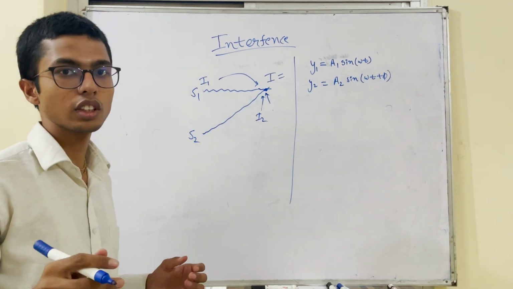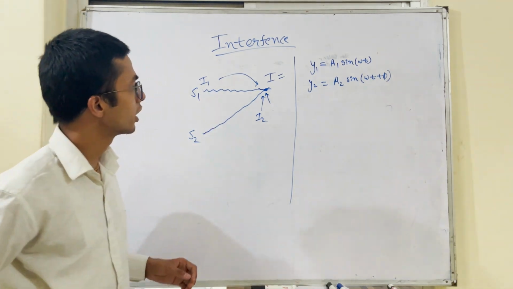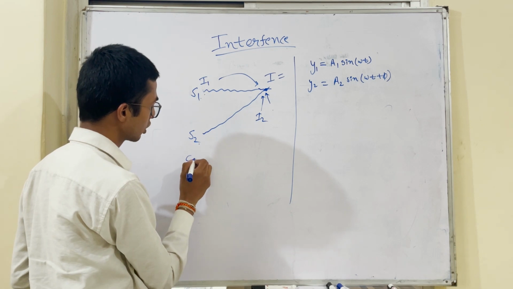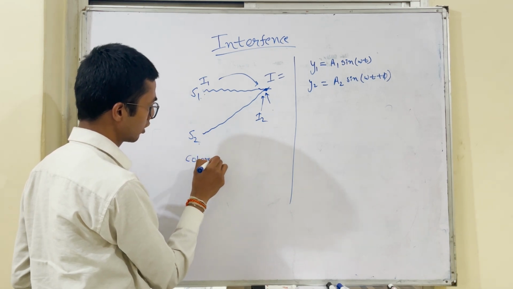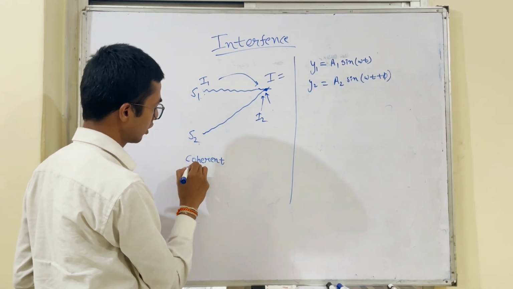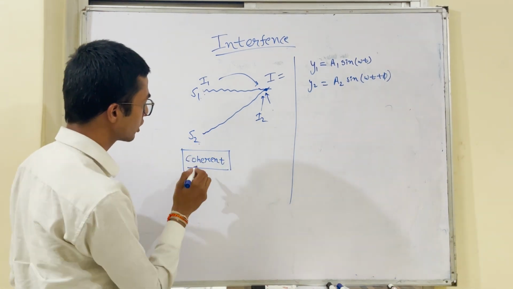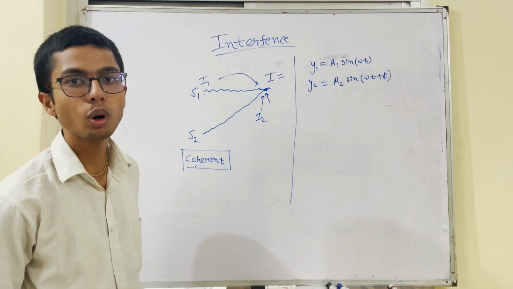One thing which is very important in interference is that these sources should be coherent. This word is very important. What does it mean to be coherent?